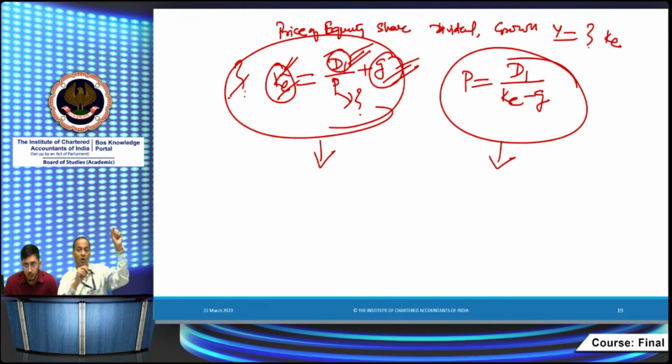So whatever you studied at intermediate level, we will use the same here. Similarly for cost of preference shares, and especially for bonds, KD is given to you and you have to find how much price is justified.